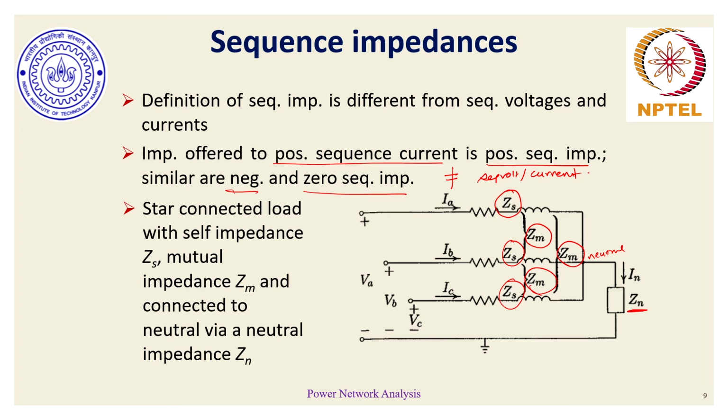So if I have to understand the corresponding positive sequence, negative sequence and zero sequence impedance of this three-phase balanced load, which has self impedance Zs per phase, Zm as the mutual impedance and Zn as the neutral impedance, how do I proceed?